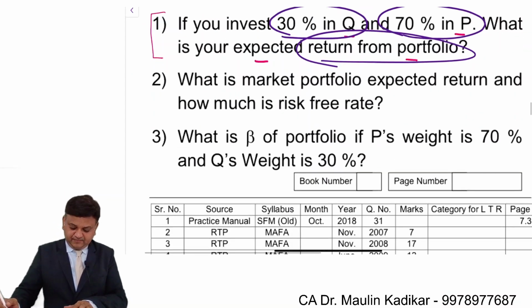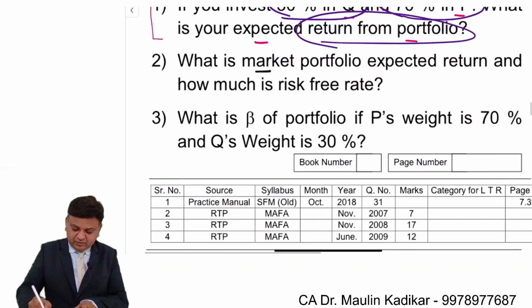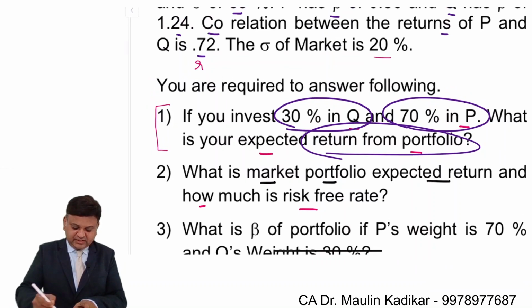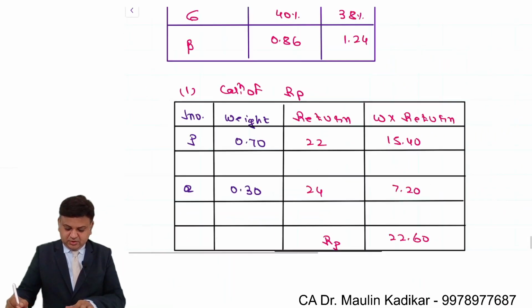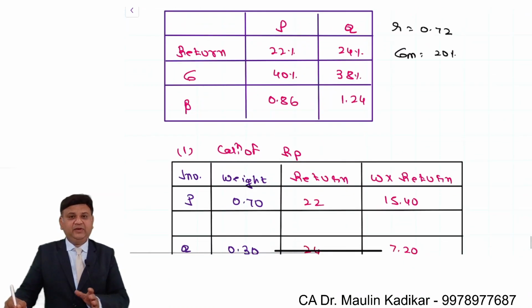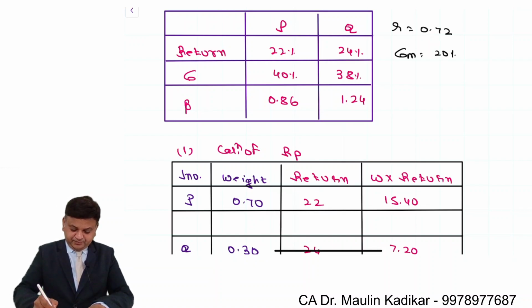Next question. What is the market portfolio expected return and how much is the risk-free rate? That is the question. So based on this information, we are required to compute RM and RF. Whenever we have to make this calculation, we don't have a choice but to assume that the returns which have been provided to us in the example are based on CAPM.